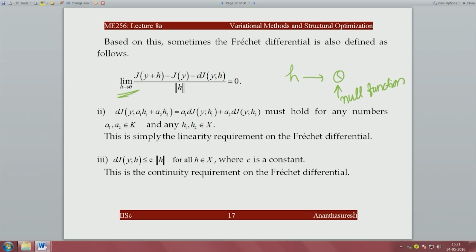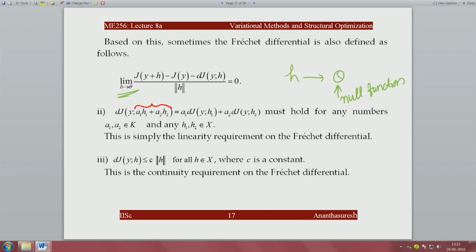So, that is another way of defining the Fréchet differential, and this Fréchet differential, unlike Gateaux variation, is linear, meaning that if we have h1 and h2, let us say we have a Fréchet differential of a1 h1 plus a2 h2, so here we have not just one h, we have a1 h1 and a2 h2.